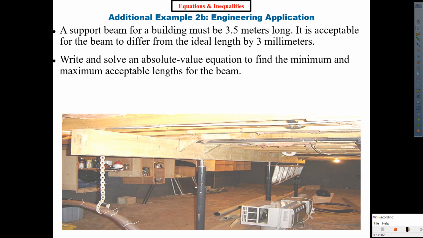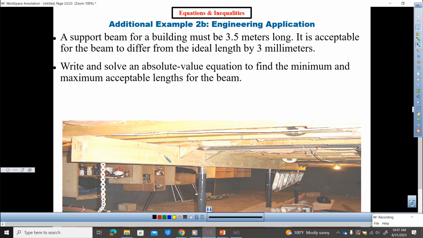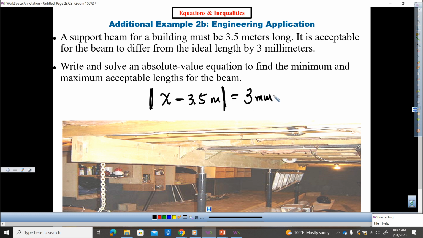What is your equation for that? All right. Anthony E., what is our equation? Absolute value x minus 3.5 meters equals 3 millimeters. Hands, if you got that? That is correct. That's how we set up our equations.